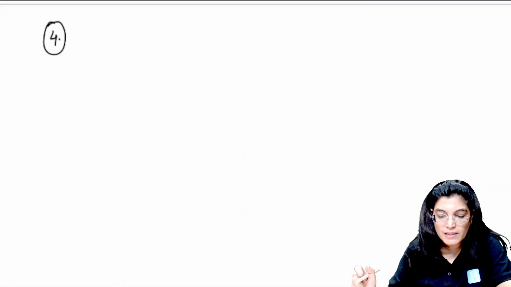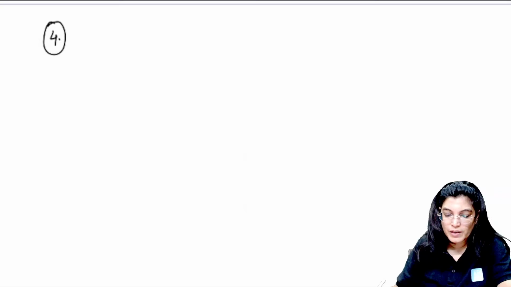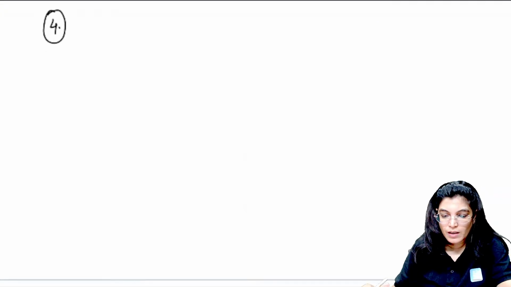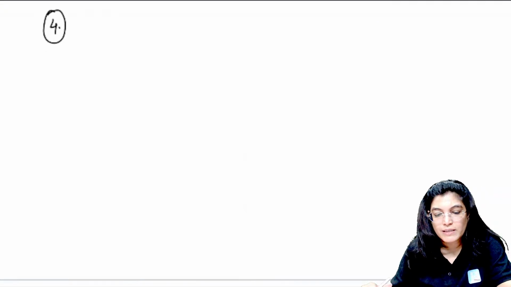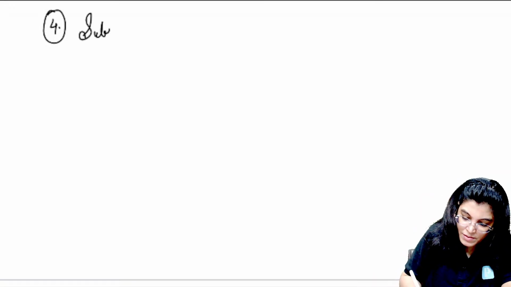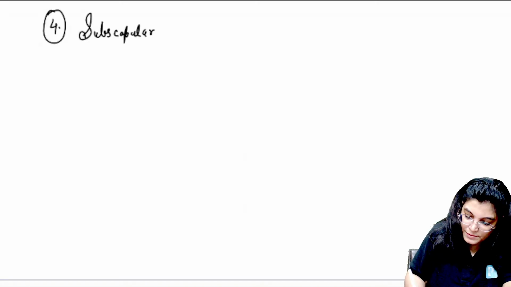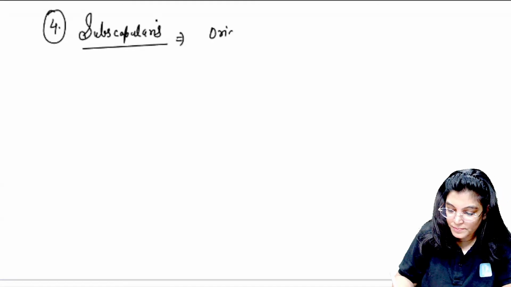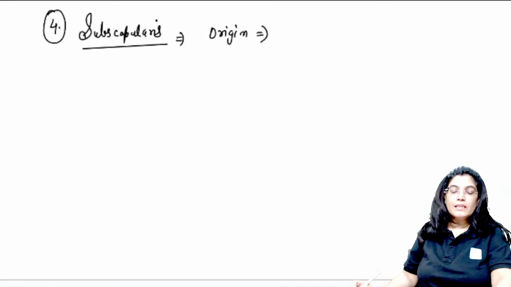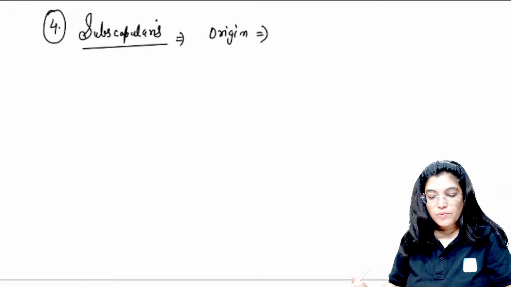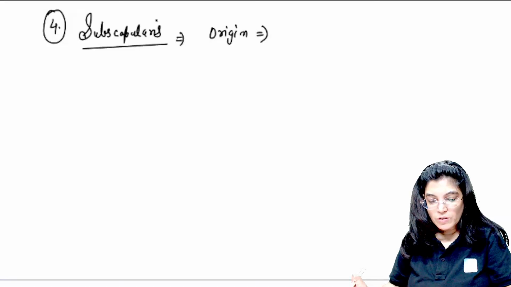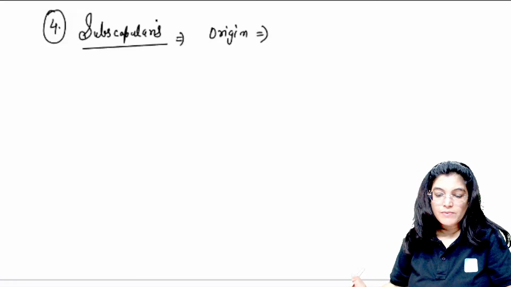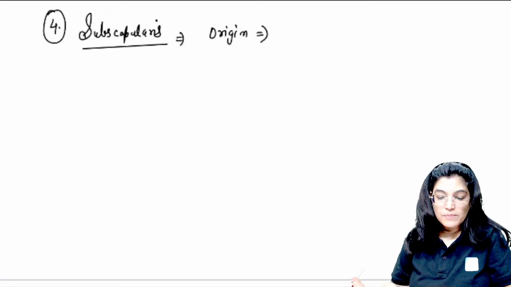So the fourth rotator cuff muscle, subscapularis, is important for you to know. The subscapularis muscle. Its origin, as we have seen in the image, is the subscapular fossa.